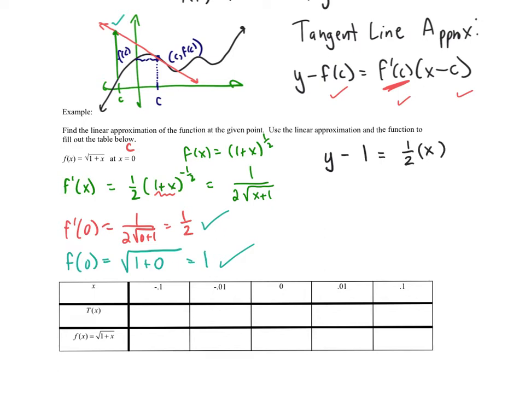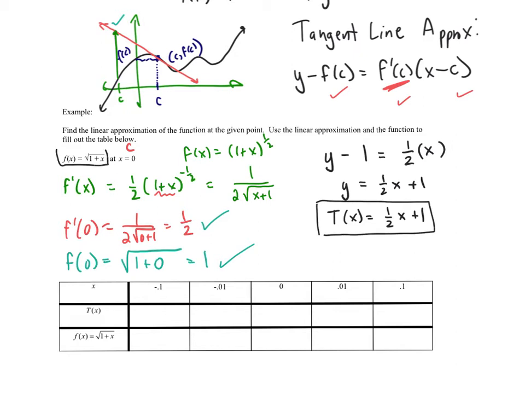Technically it's in parentheses, but the 0 goes away. And so then I'll add 1, so y equals 1 half x plus 1. Written in function notation, this is 1/2 x plus 1. Now, I don't know about you, but I would much rather deal with this function here, 1/2 x plus 1, than the square root of 1 plus x.